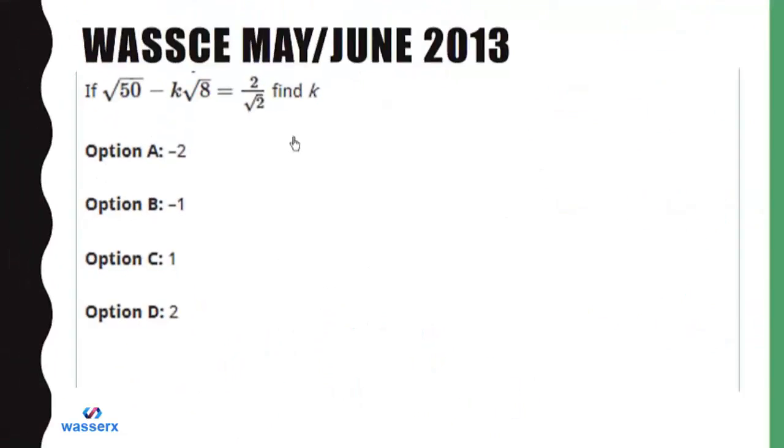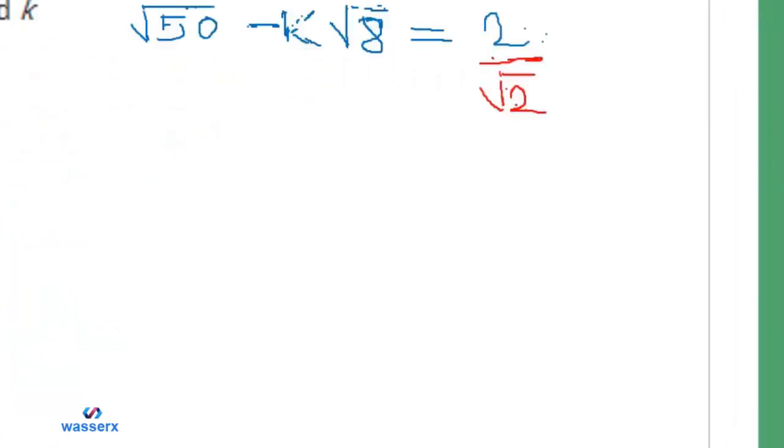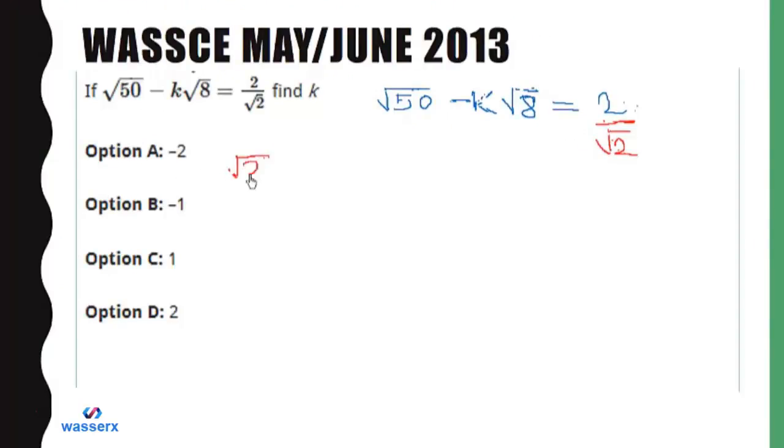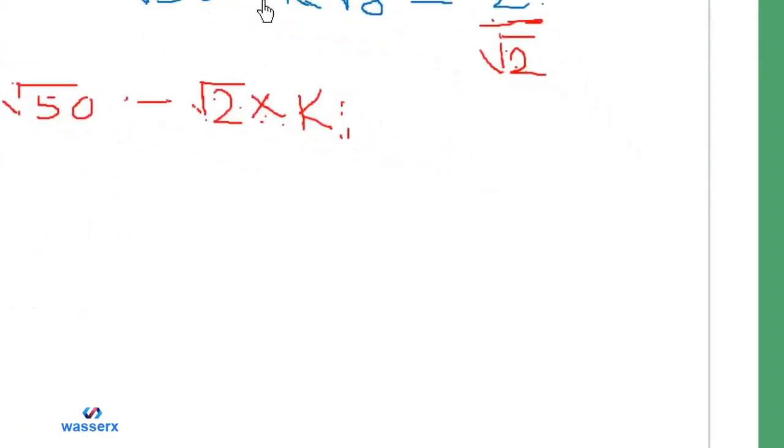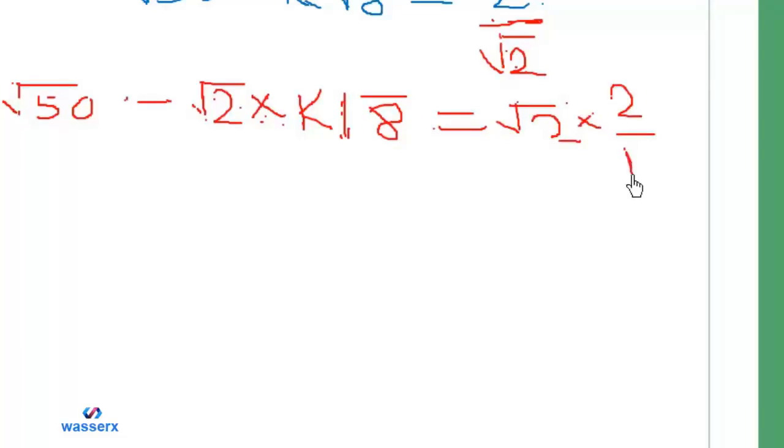Now the next example: we are finding k in root 50 minus k root 8, over 2 root 2. Now we need to multiply by root 2, so we have root 2 times root 50 minus root 2 times k root 8, equal to 2 root 2 times 2 over root 2.